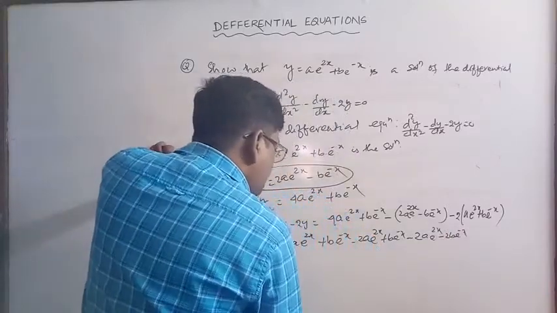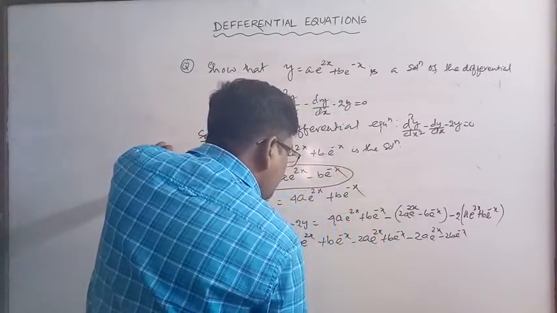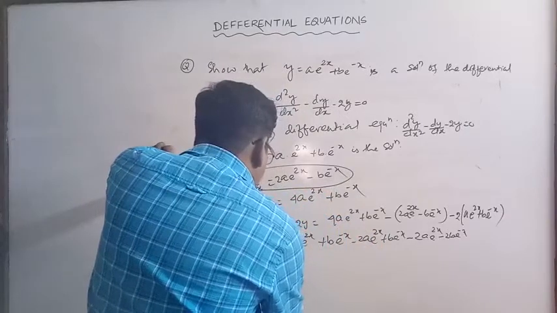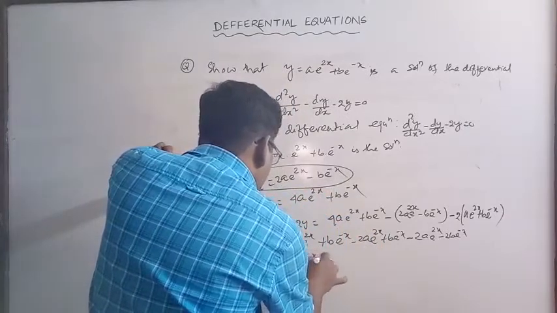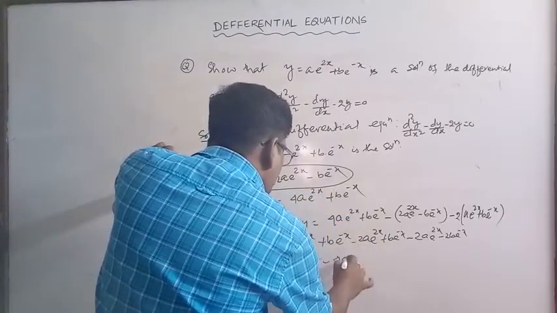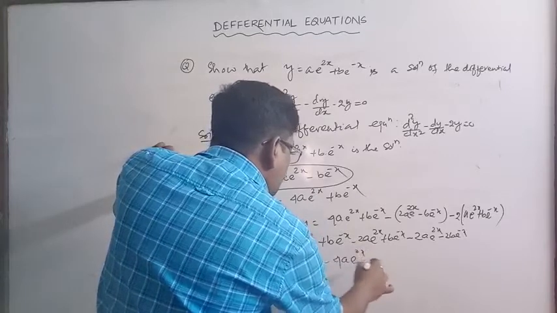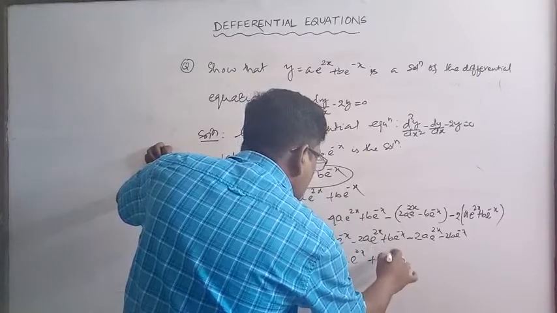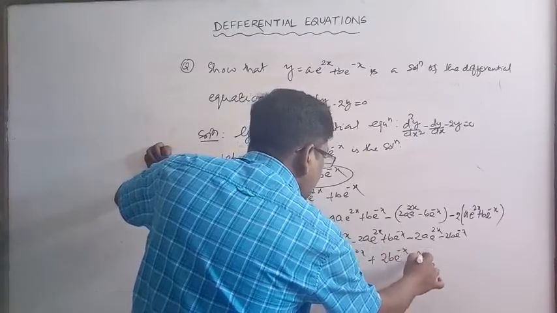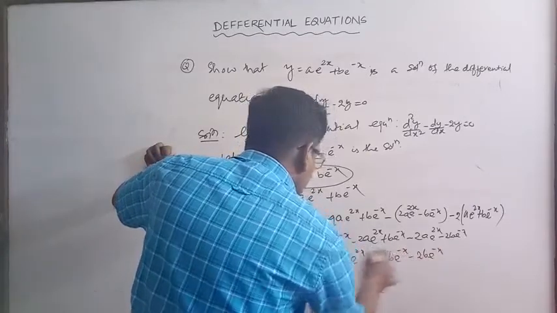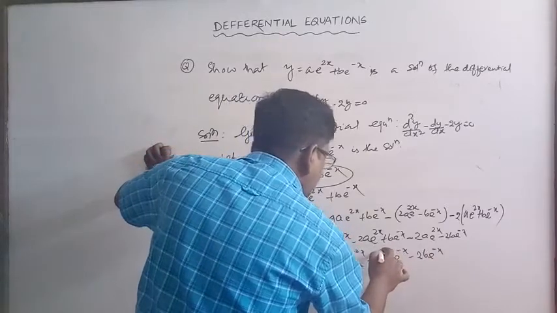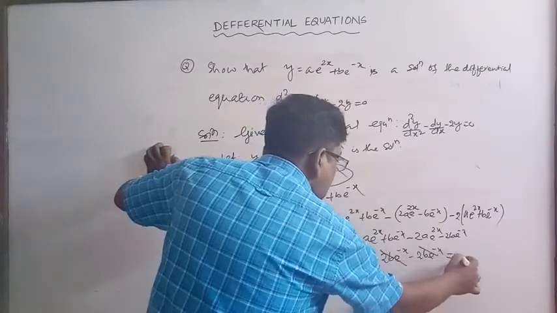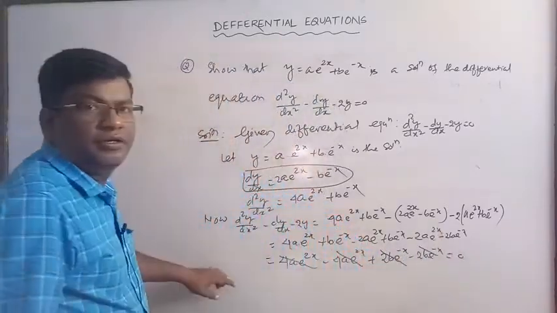So for this, that is 4a e to the 2x and this is minus 4a e to the 2x, plus 2b e to the minus x minus 2b e to the minus x. So this cancels, so this is 0.